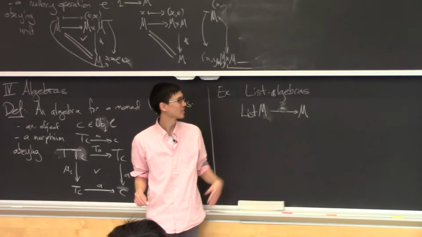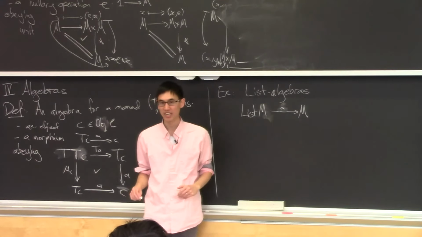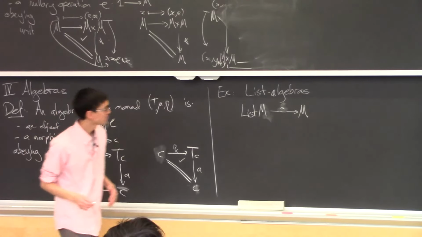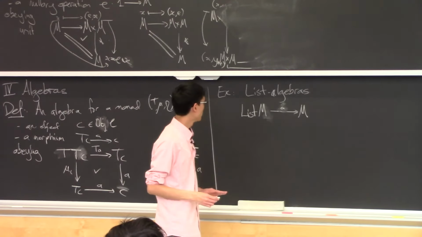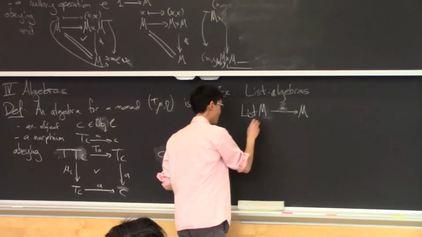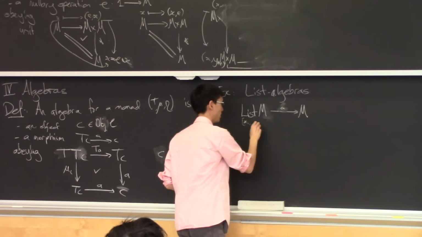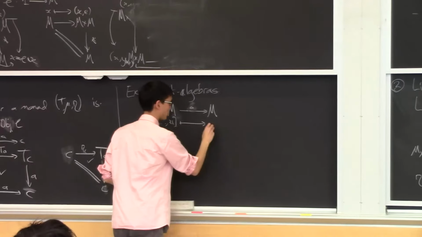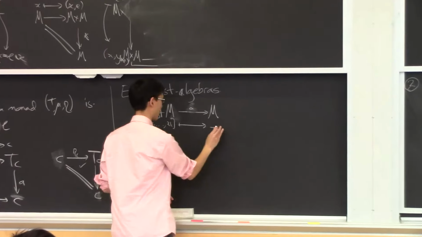M is a set, because list is an endofunctor on Set, and M is an object of the category Set. OK. So what this does is it takes a list of things, x1 to xk, and then combines them down to produce this single thing, which is just A of that list.